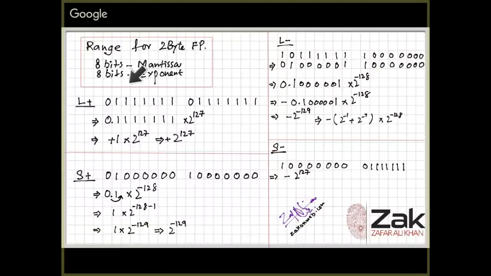When it comes to 8 bits mantissa and 8 bit exponent, we are certainly dealing with large numbers or very small numbers. In that case, we have to use assumptions because calculator will not be allowed. Let's see how. The largest positive number will be here and here.